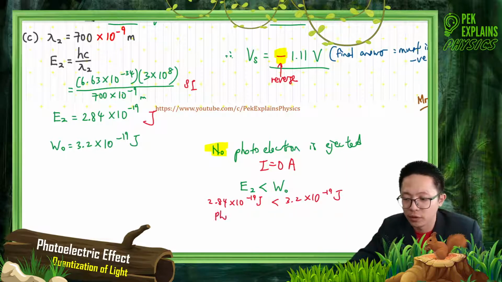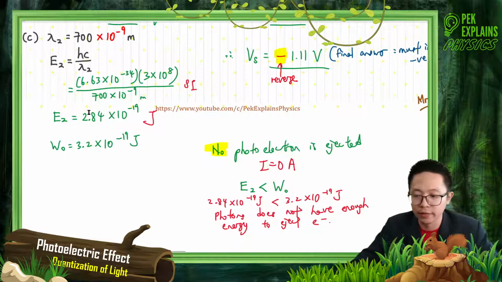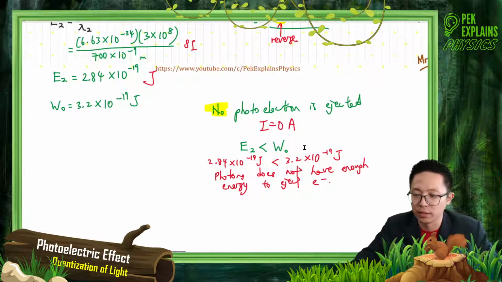The photon does not have enough energy to eject electron, because the energy of the incident photon is less than the work function.